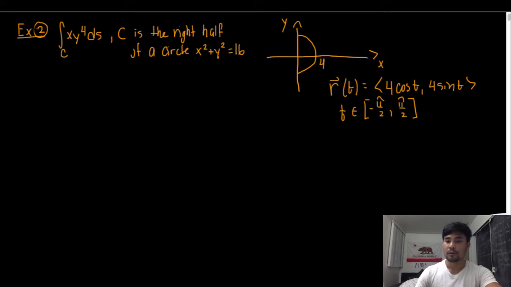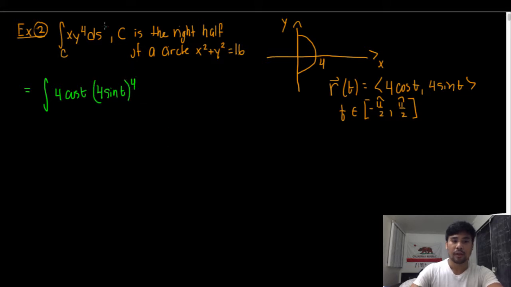Now we'll do some replacement. X is a function of t, 4 cosine t, multiplied by y, which is 4 sine t, raised to the 4th power.